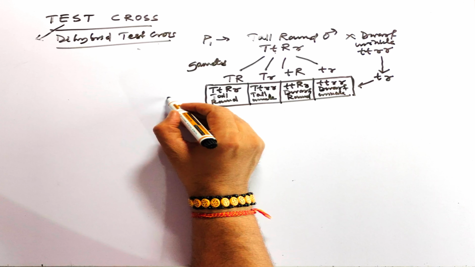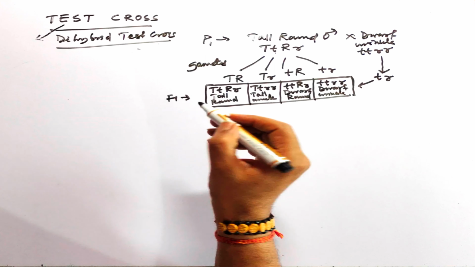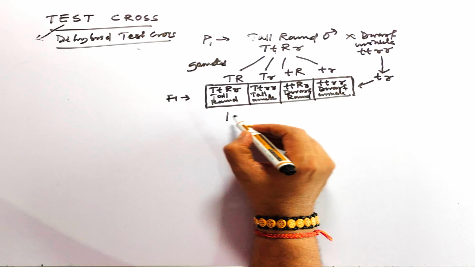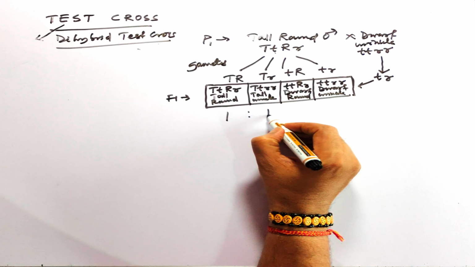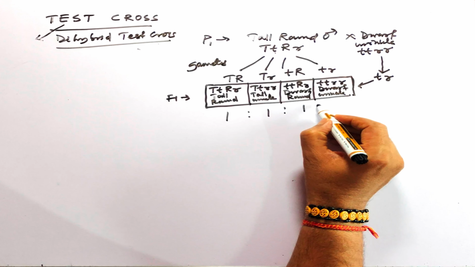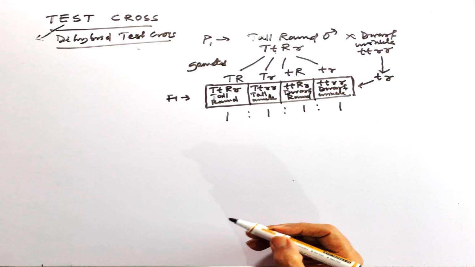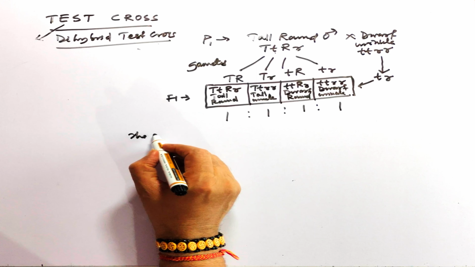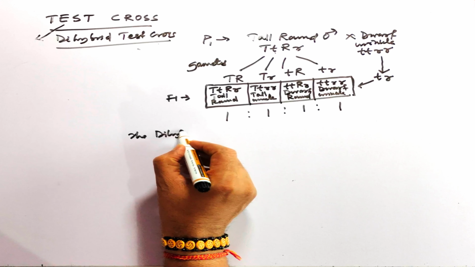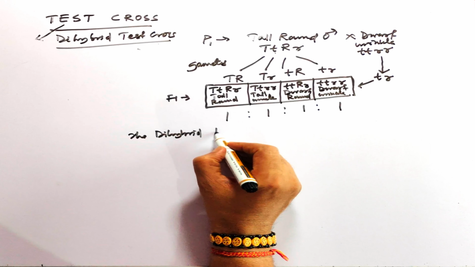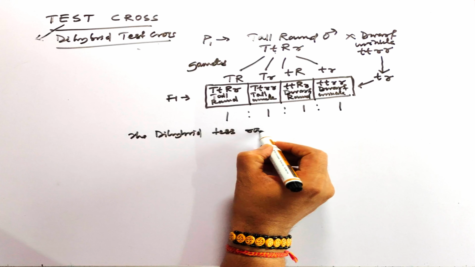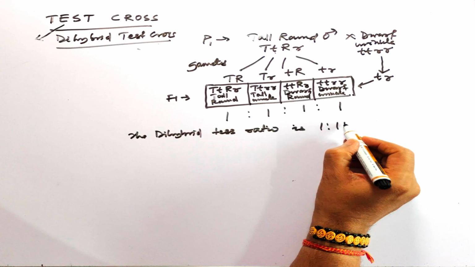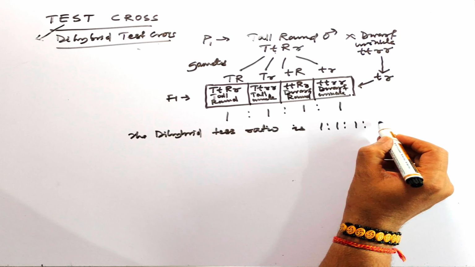This is the F1, and in this cross we are getting 1:1:1:1. So the dihybrid test cross ratio is 1:1:1:1.